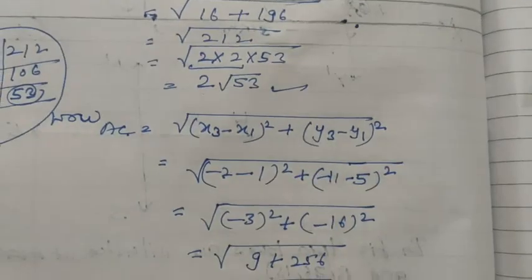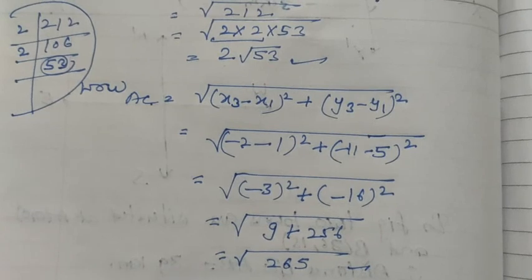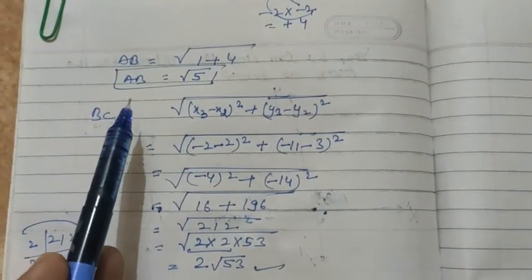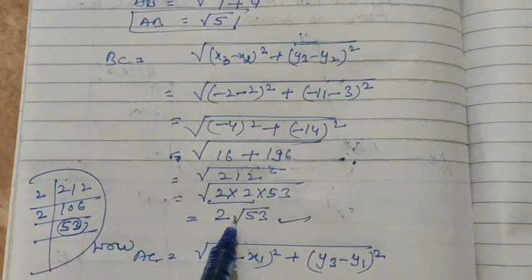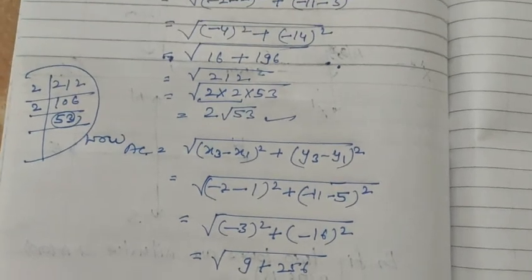These three points A, B and C will be collinear if the sum of any two sides equals the third side. Here you can see from the solution that AB is root 5, BC is 2 root 53 and AC is root 265. So the sum of any two sides is not equal to the third side.